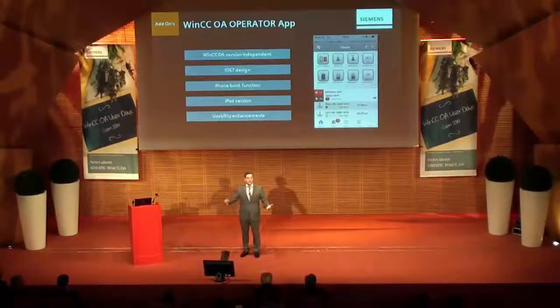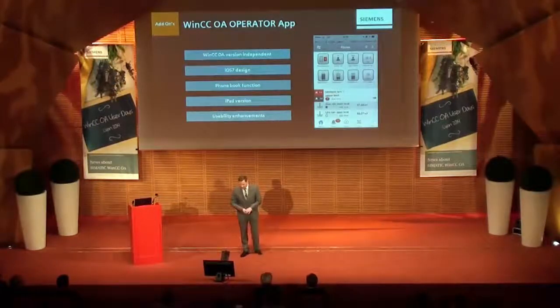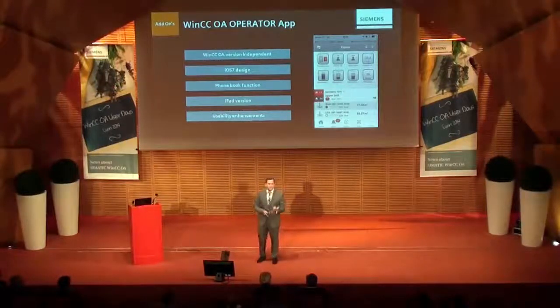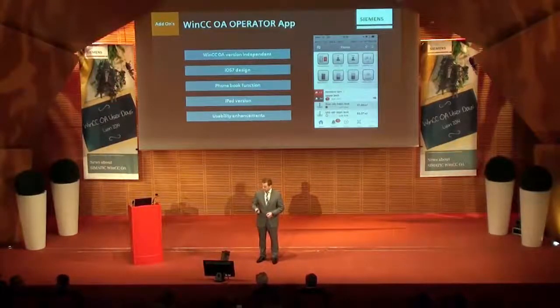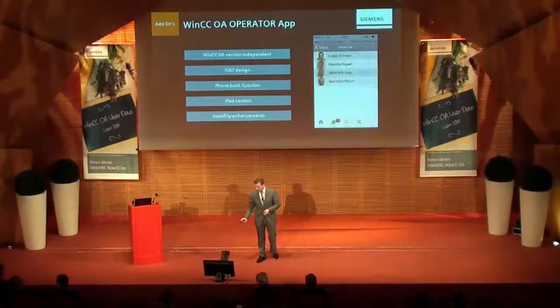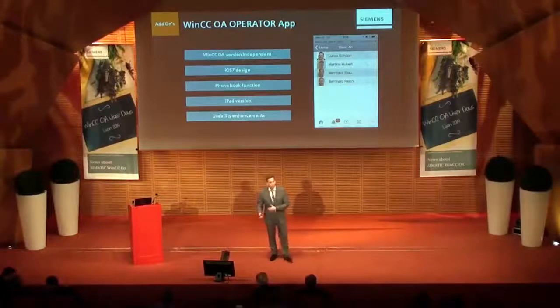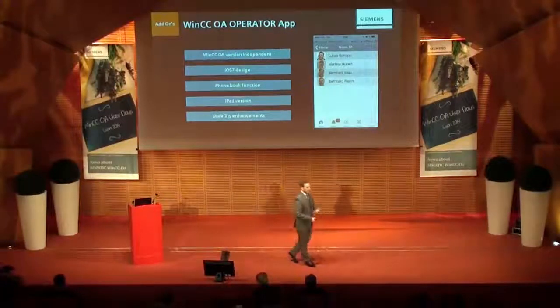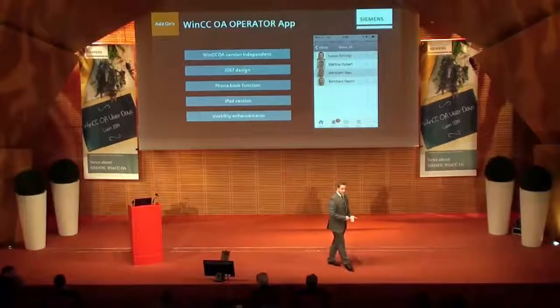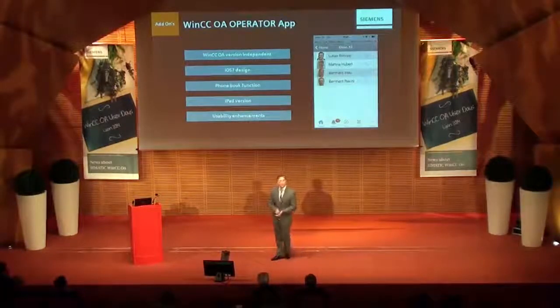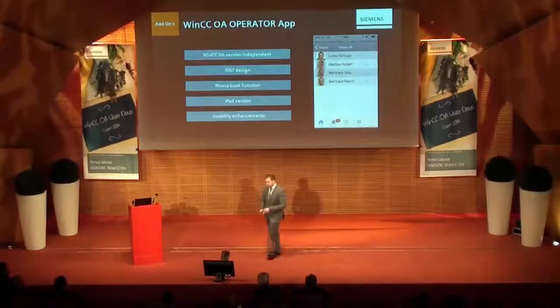We have brought the iOS 7 design to it, and one really nice function, we brought the phone book function. So you can connect your connected users to the system with your phone book. So if you have any problems on your site and you see, oh, for example, Bernhard is online, I can call him or text him directly via our system.